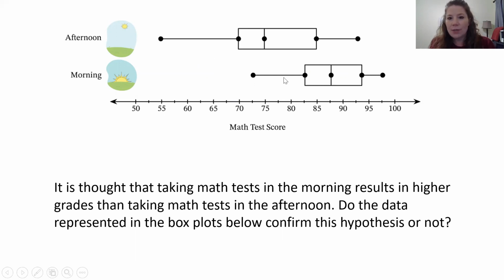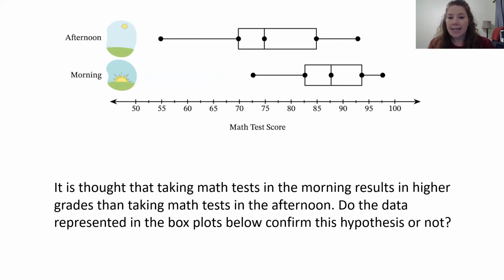The lowest 25% of the grades in the morning was almost about 75% of the afternoon's grades, right? It says it's thought that taking math tests in the morning results in higher grades than taking math tests in the afternoon. Do the data represented in the box plots below confirm this hypothesis or not?